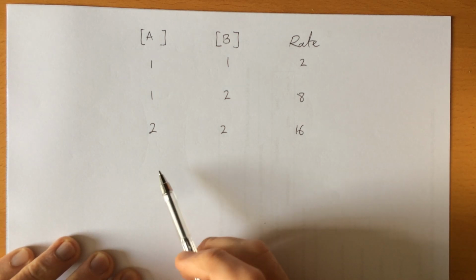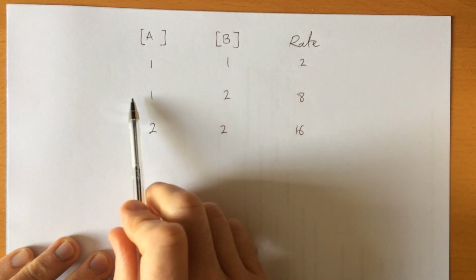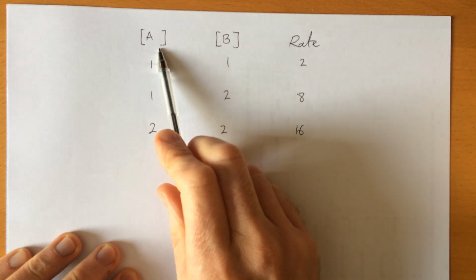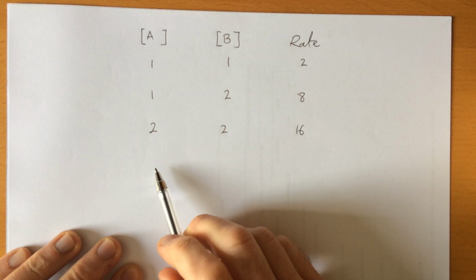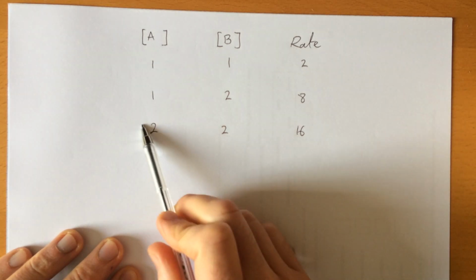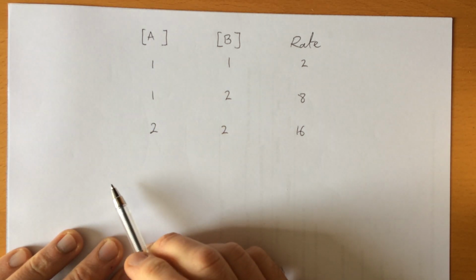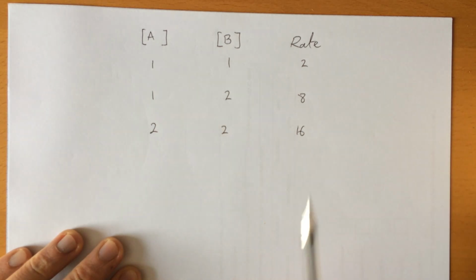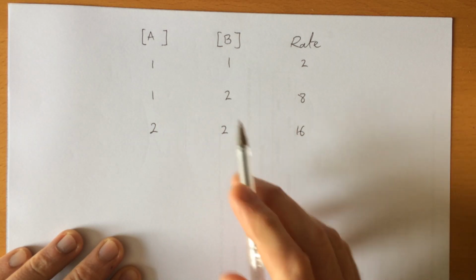Okay, so let's start by comparing some different sets of data. To find the order with respect to A, we need to look for where its concentration changes. So that's here or here, but whilst the concentration of everything else remains the same. So you can see in that experiment and that experiment, B remains the same.